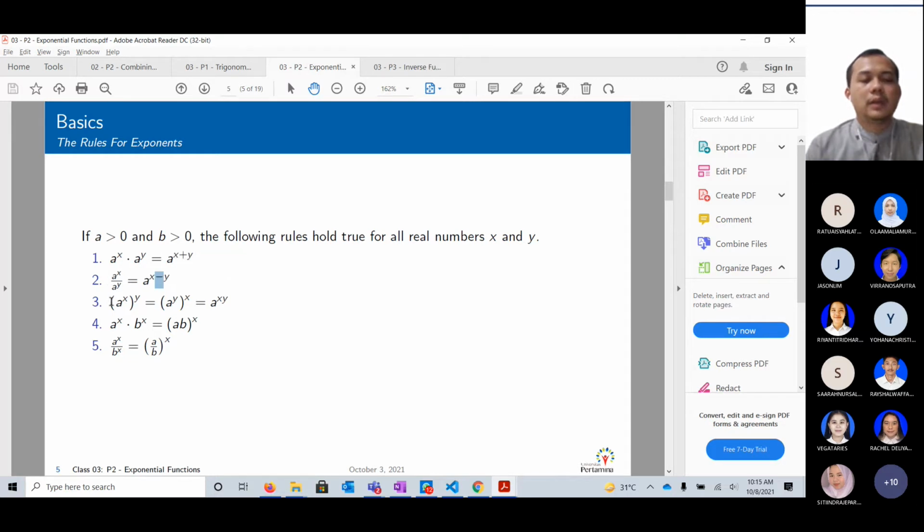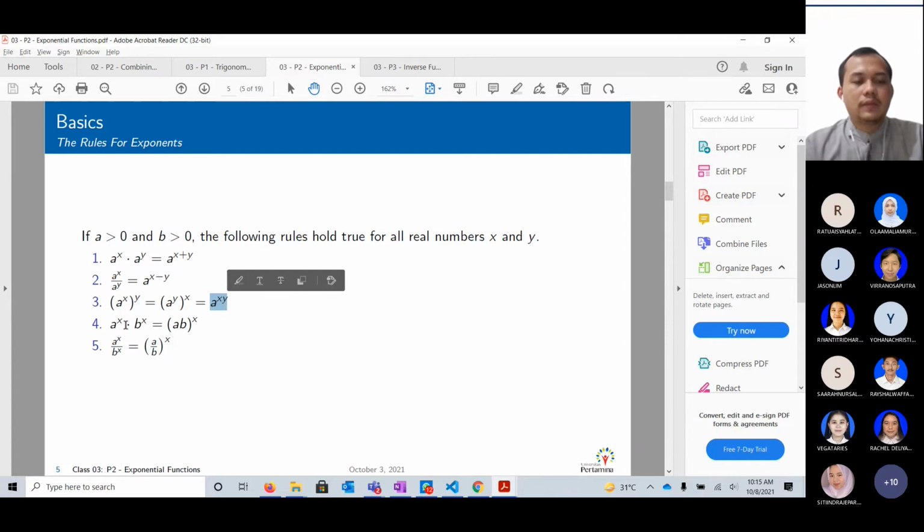And if we have a power x and then we power it by y, it equals a power y powered again by x. So we can flip the position of x and y. And it equals a power x times y.